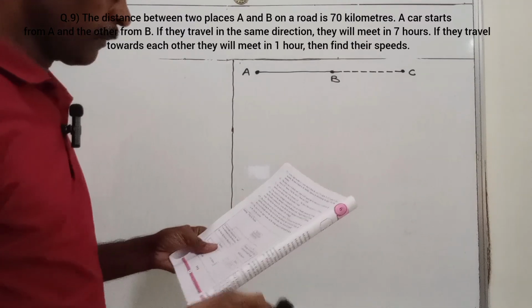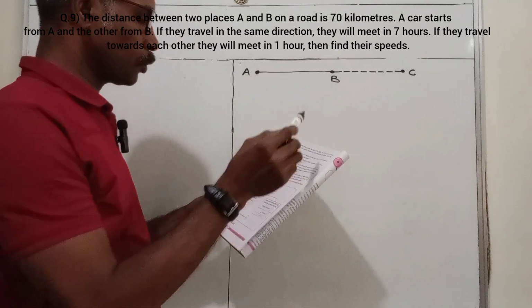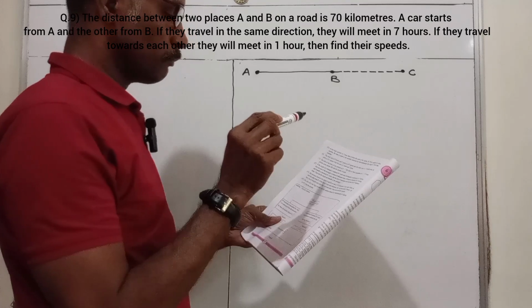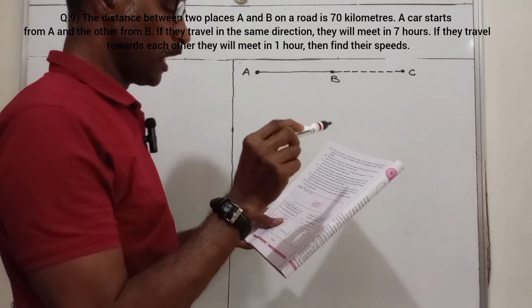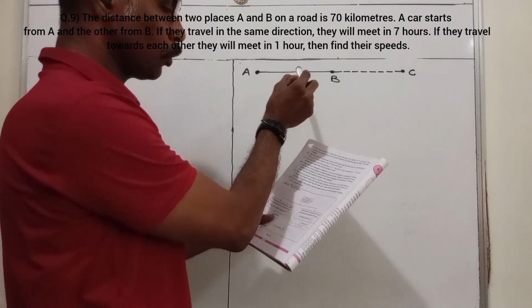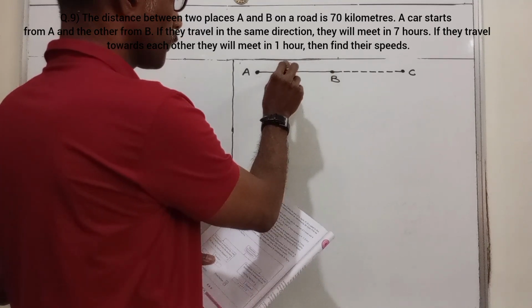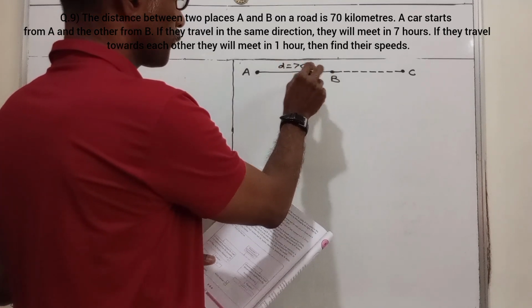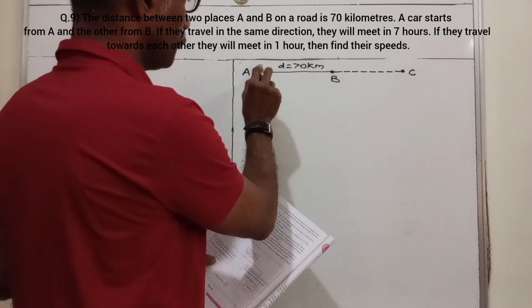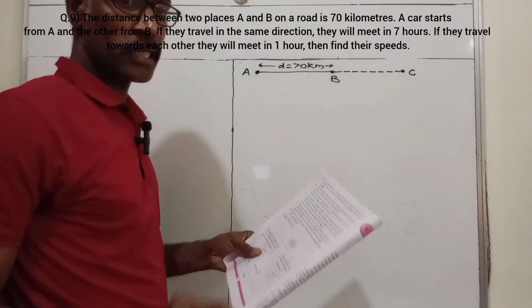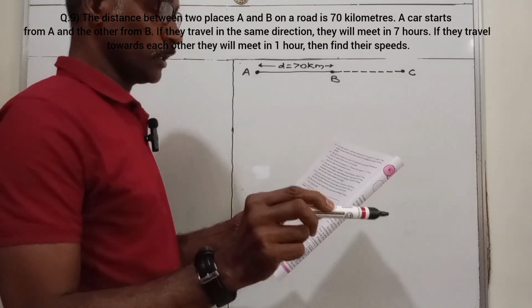Question number 9. The distance between two places A and B on road is 70 kilometers.